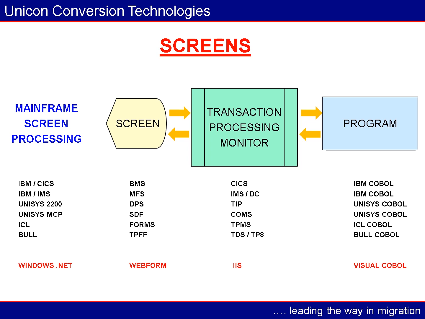Windows IIS fundamentally works exactly the same as CICS, IMS, TIP, COMS, TPM, and TDS TPR. No emulation and no containerization is required. It can all be migrated as a normal Windows implementation.